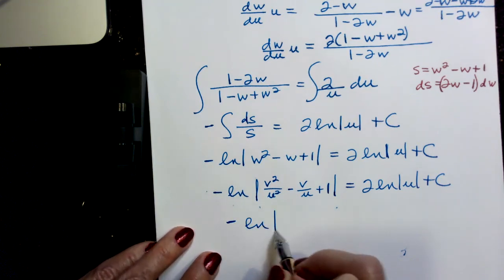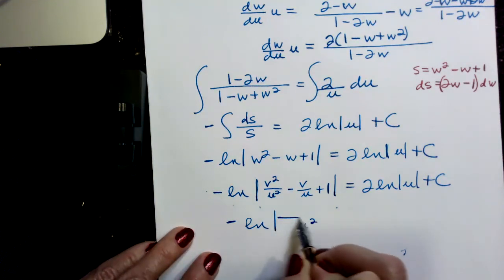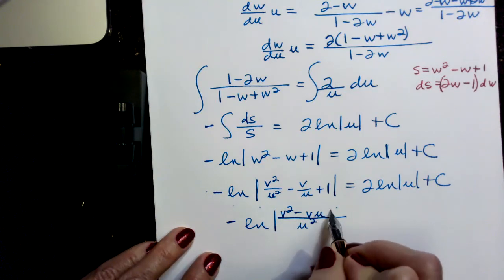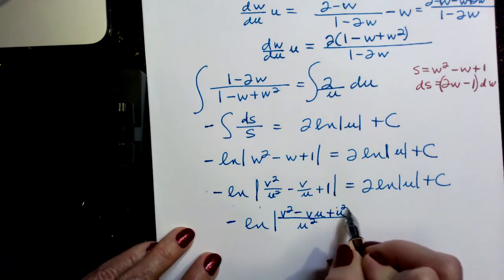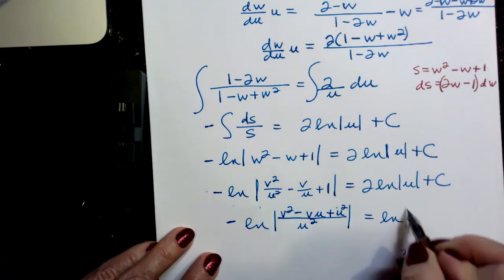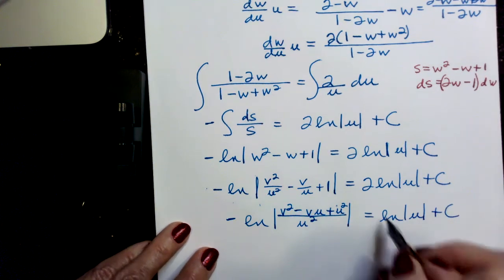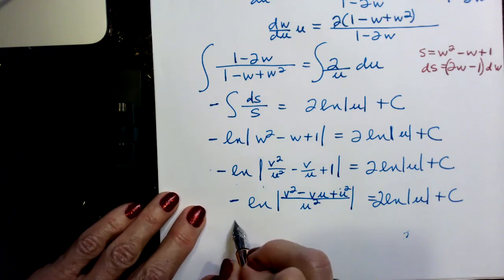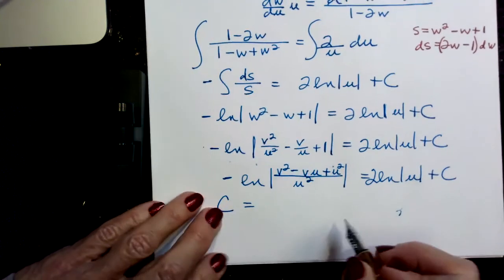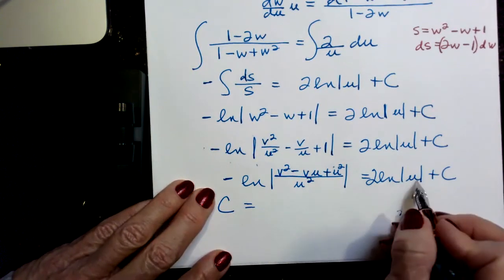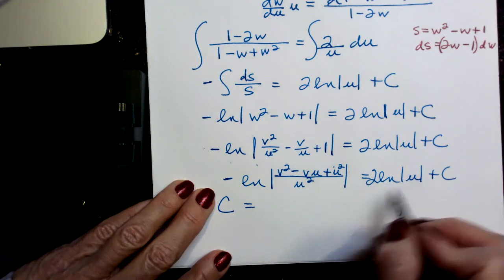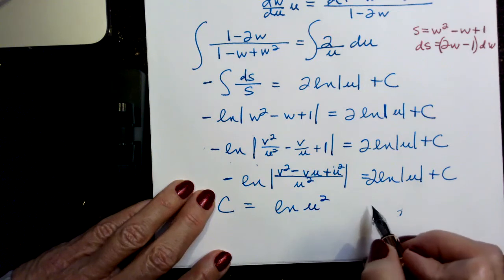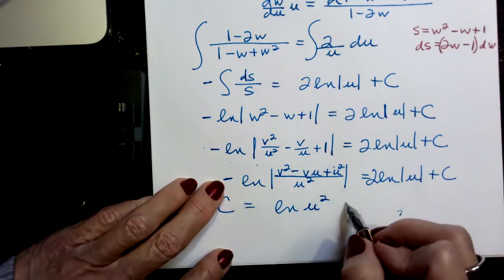So I'm going to write this as ln of U squared, and then my numerator here is V squared, this one will be V times U, and this will be plus U squared, is equal to 2 ln absolute value of U plus C. Let's bring this to the other side, and I can change my constant C. Notice 2 ln U is ln of U squared, then you don't need the absolute value signs. And when this comes to the other side, it's a plus.